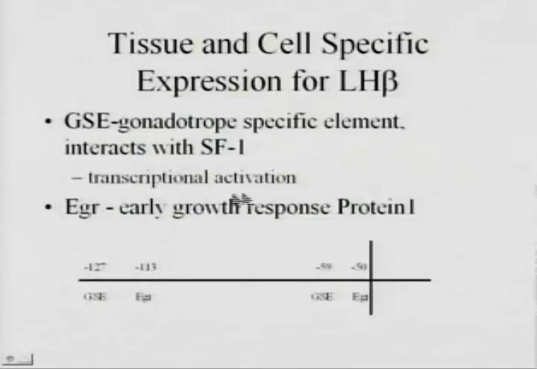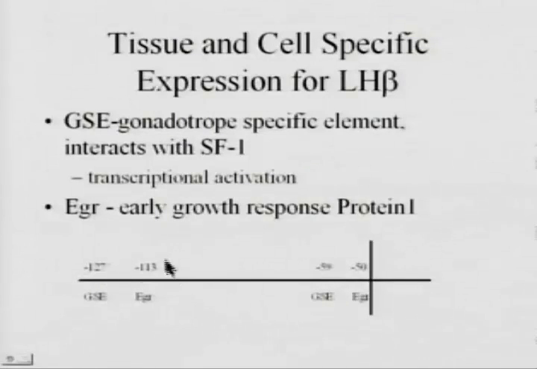These two collectively are responsible for basal and GnRH stimulated transcriptional activation. There's an EGR, an early growth response protein 1 binding site nearby as well, or a consensus sequence. And we see again that there are two of these GSEs, a proximal and a distal, and we'll go into a bit more detail on those two as we proceed.